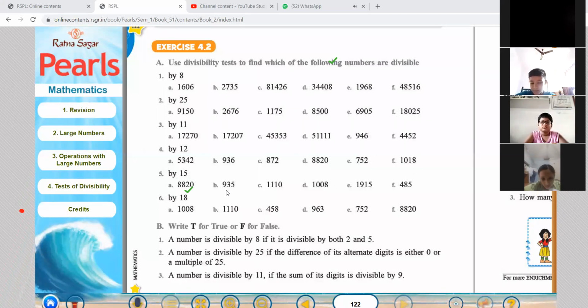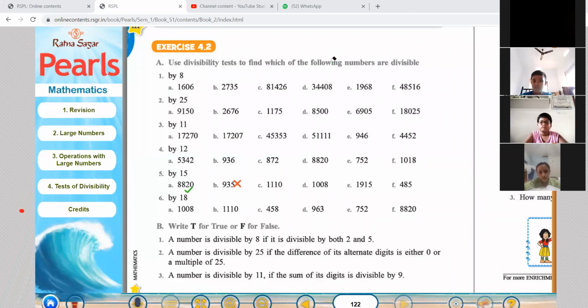Is 17 divisible by 3? No. So the number 935 is not divisible by 3, and hence we can say that it is not divisible by 15.